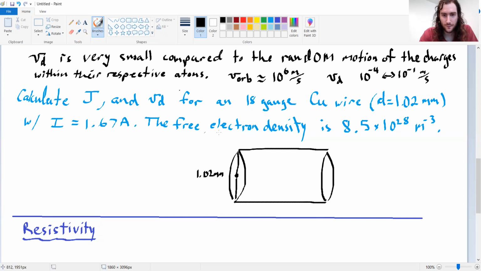We have the free electron density in the wire is this number. So how do we get the total number of charge here?